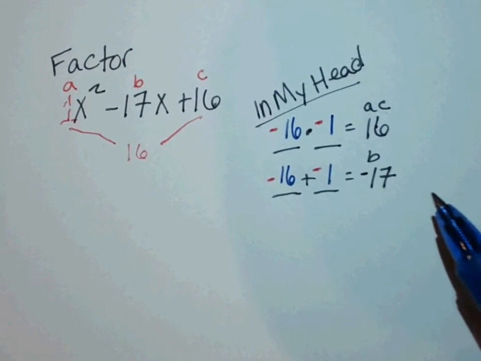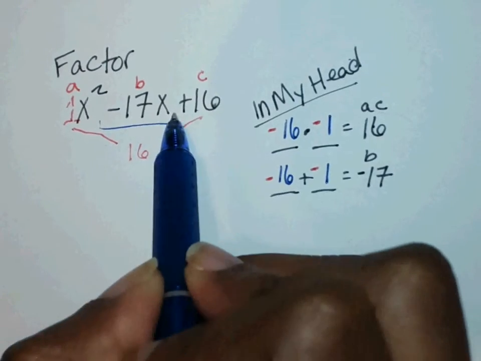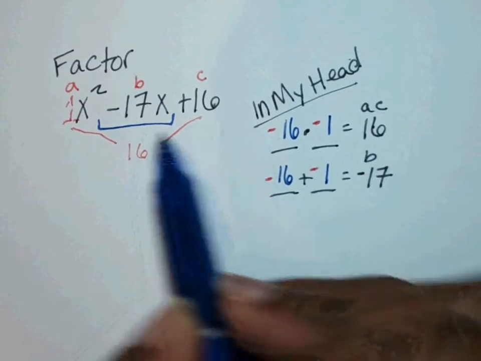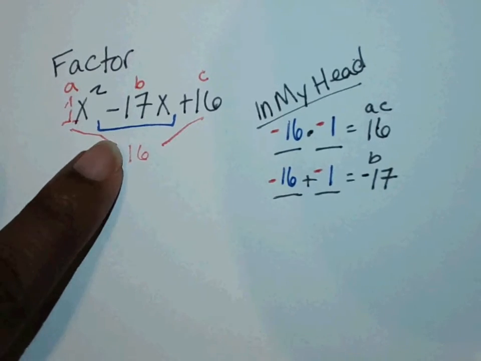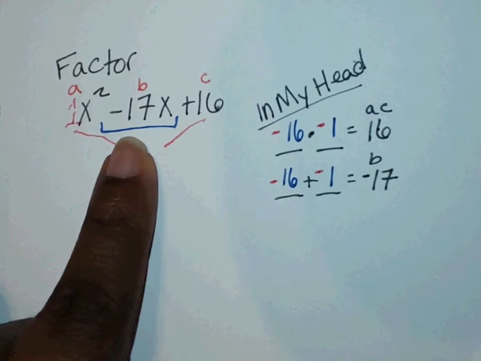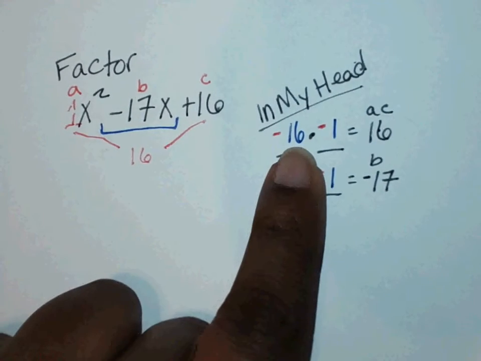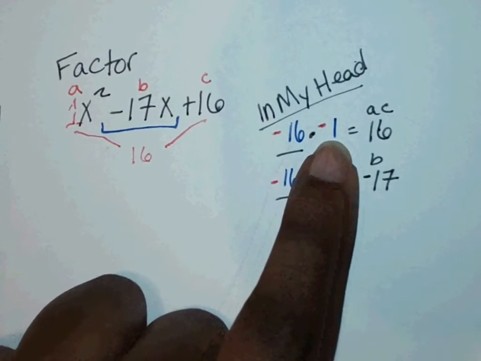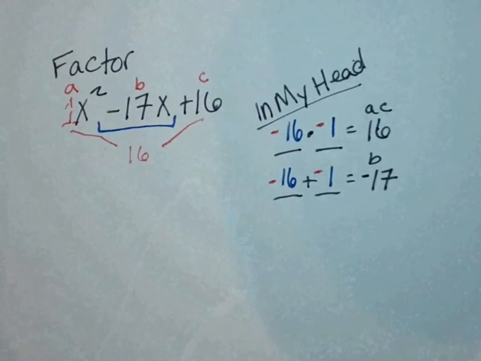So what I'm going to do with these 2 numbers is I'm going to take my middle term and I'm going to rewrite it using my 2 numbers. So I no longer have x squared minus 17x plus 16. I'm rewriting this term. So now what I have is x squared minus 16x minus 1x plus 16.